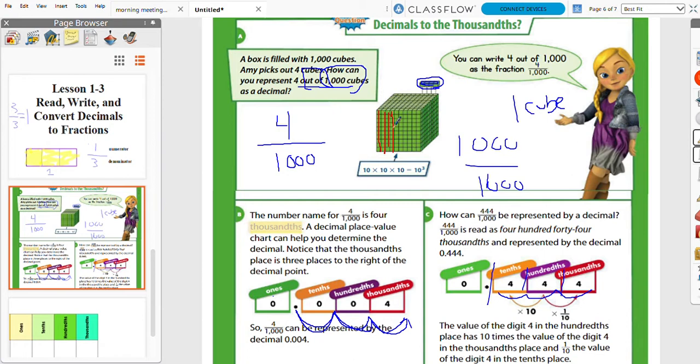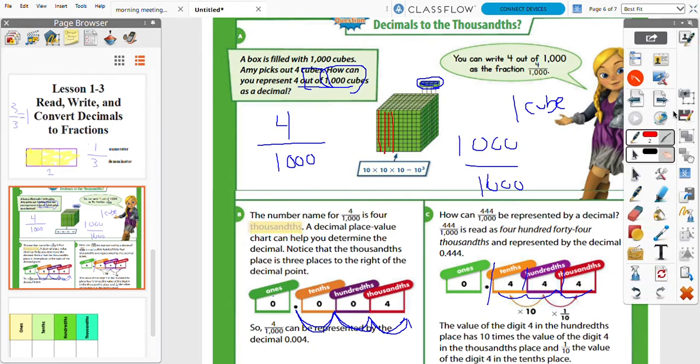How many of those rods do you need to make a cube? You would need 100 of them, right? Because there are 10 in each of the squares.